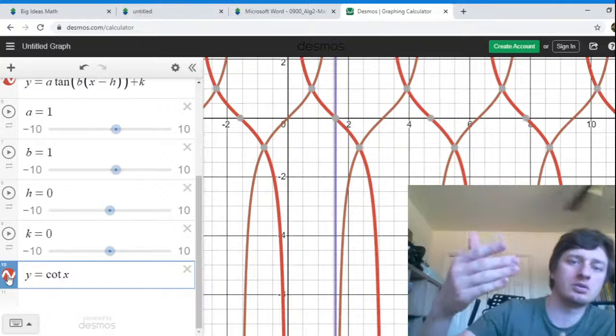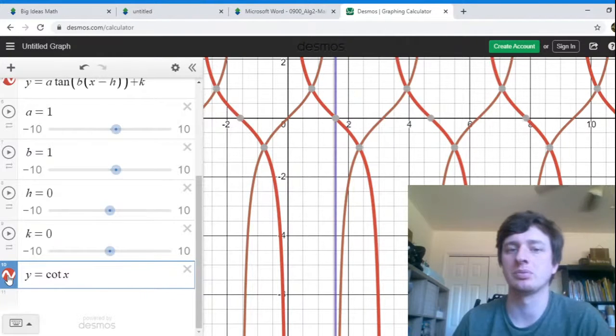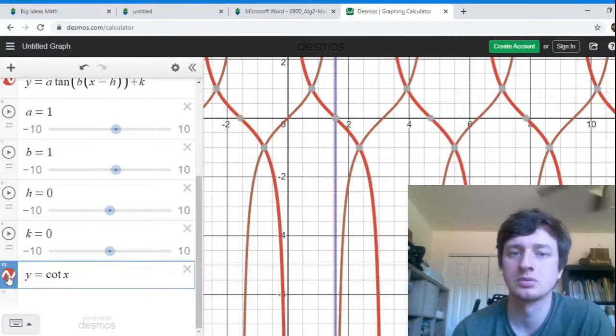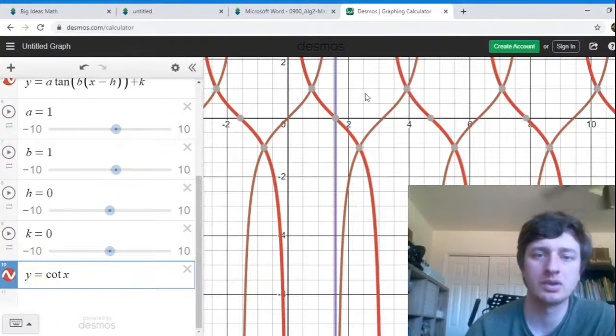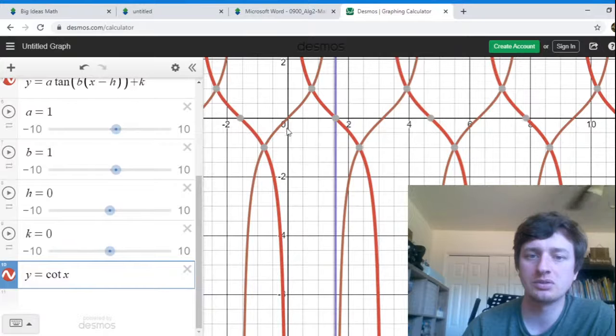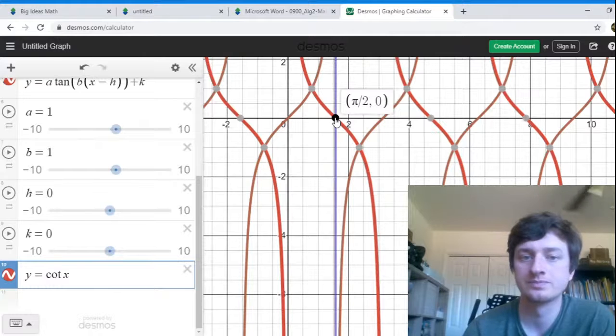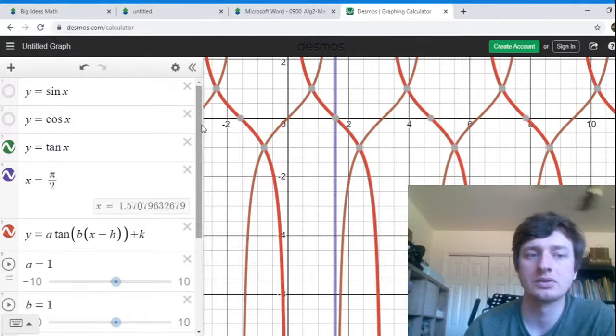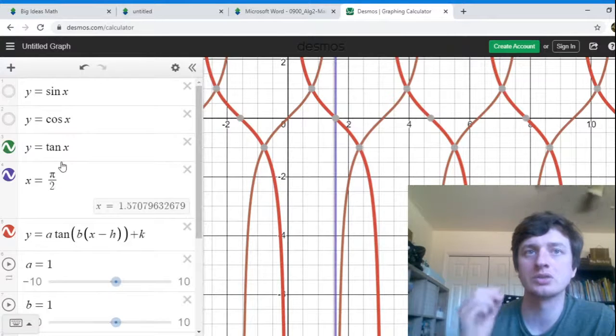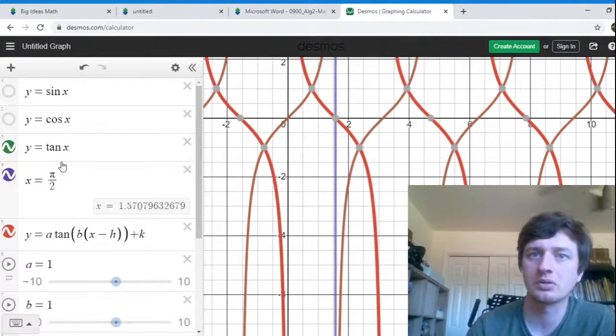It's just the tangent function flipped, reversed, and translated. So it's not exactly the same. You'll notice that the asymptote is now at 0 and pi instead of pi over 2. Okay, that's because cotangent is cosine divided by sine instead of sine divided by cosine.